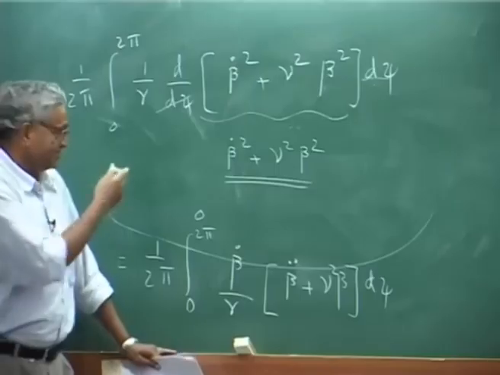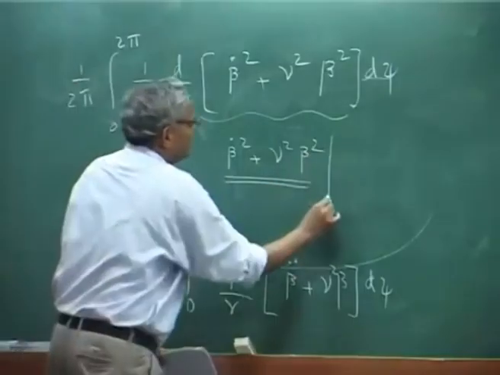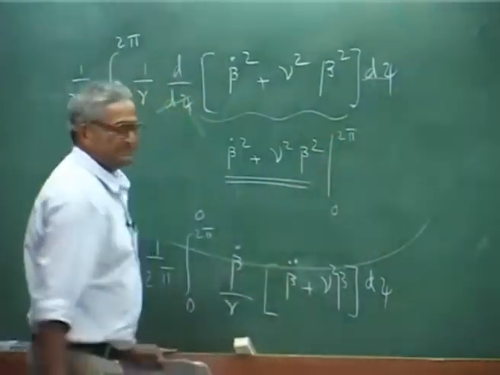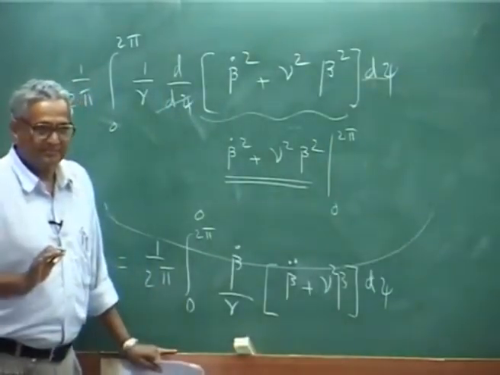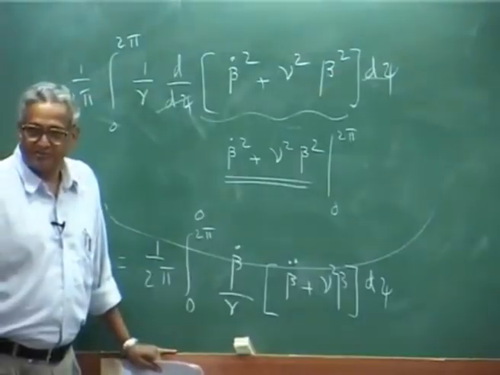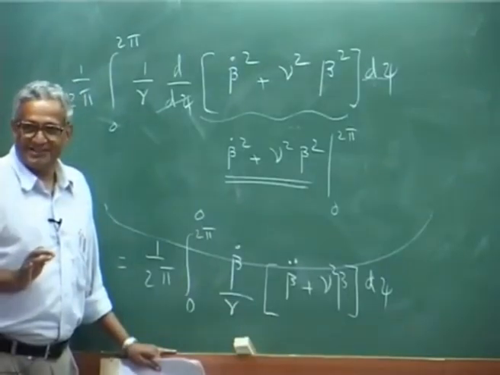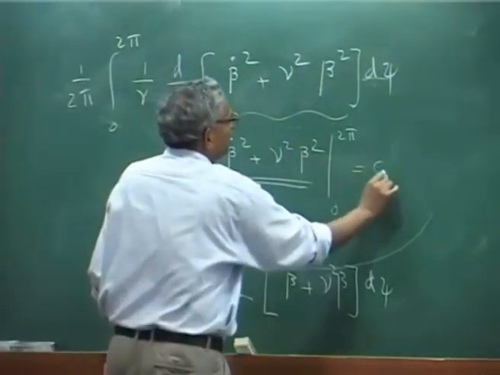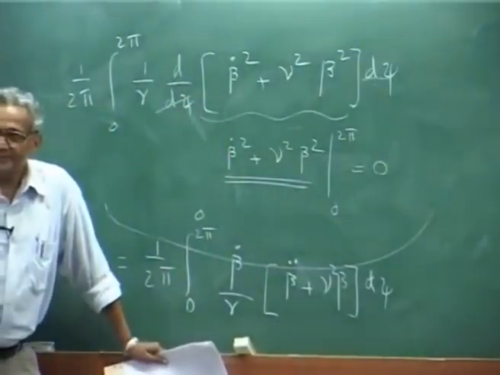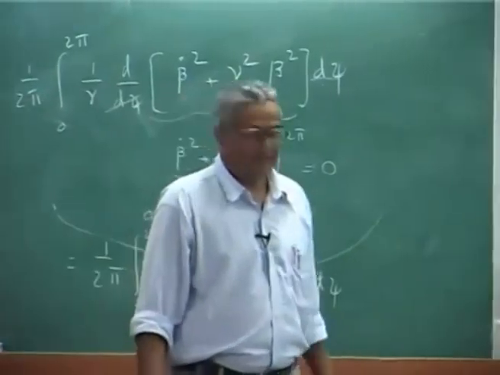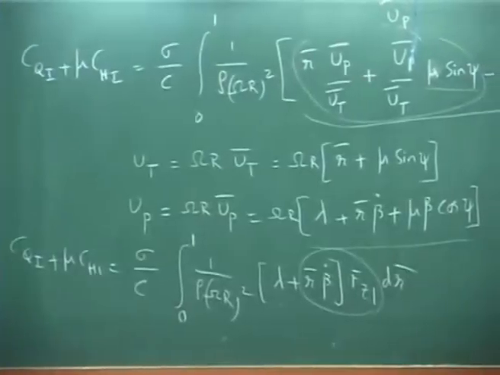You will later know that this is what it is. It is 0 to 2 pi, and it is periodic motion. When it is periodic motion, you start and come back to the same point. Therefore, this entire thing will be 0. So it is essentially the work done by that term, r bar beta dot f z, which is identically 0.